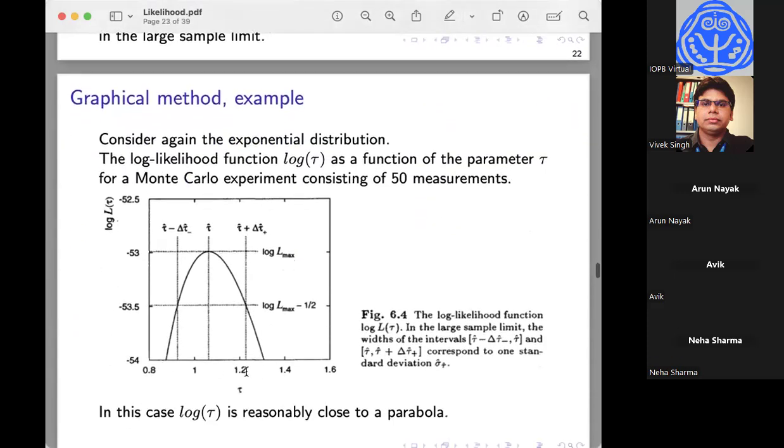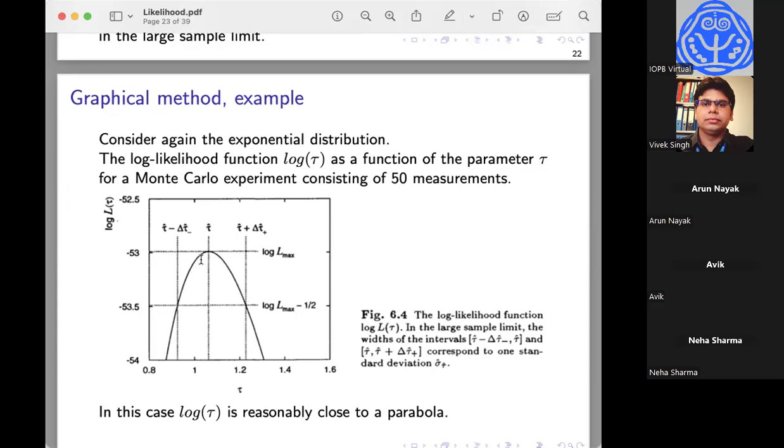As you change the parameter theta, the log L value will change, right? And the value where log L is maximum, which corresponds to L max, gives you the estimate. Now as you move away by sigma theta, the log L value will reduce by half.